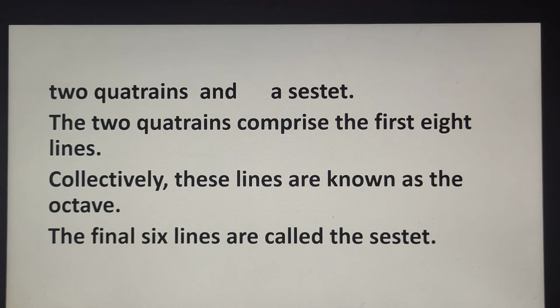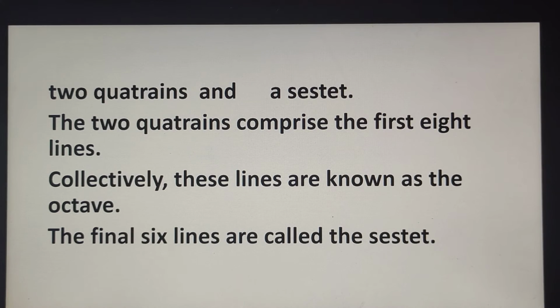The two quatrains, or 4-line units, comprise the first 8 lines. Collectively, these lines are known as the octave, and the final 6 lines are called the sestet. And the use of a sestet distinguishes the Petrarchan sonnet from the English sonnet, right?